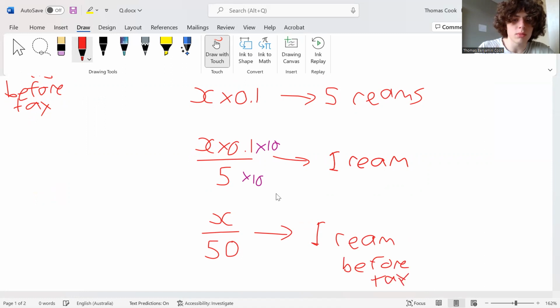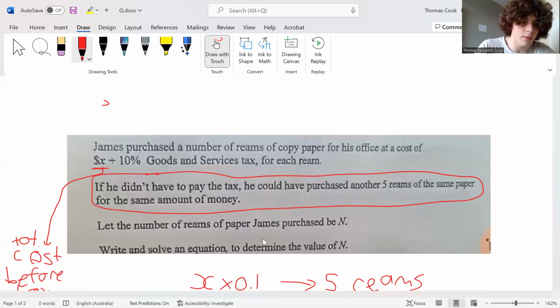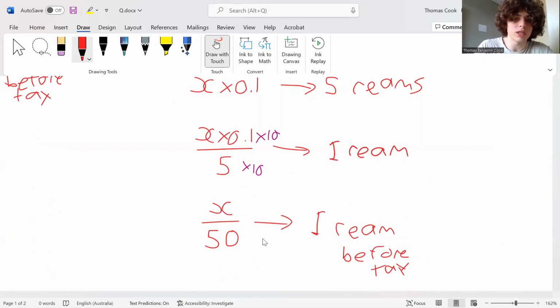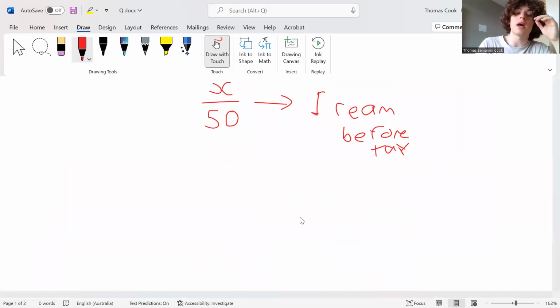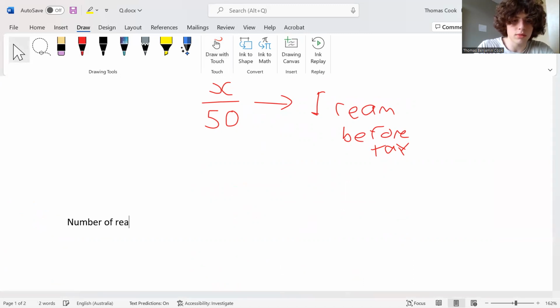Now, how much money did he spend on paper before tax? Let's scroll up. x is how much money he spent on paper before tax. So if he spent x dollars on reams of paper before tax, and each one costs x on 50, we'll write the equation like this. The number of reams equals total money spent divided by cost of each ream.